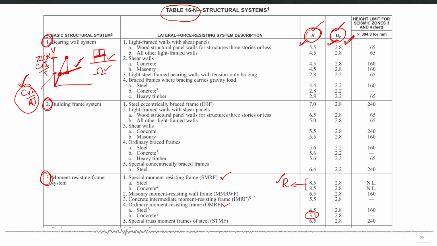Similarly, if you follow some requirements, you can qualify for the intermediate moment resisting frame, and if you follow all the requirements, very strict requirements, you can qualify for the SMRF. So all of these requirements you should check in the relevant building codes and seismic design guidelines. So maybe we will discuss these requirements in some other video lecture, but currently you can just pick the value of R if you qualify for any of these three levels of moment resisting frame systems based on their ductility.